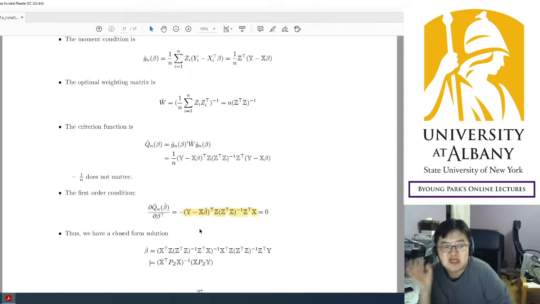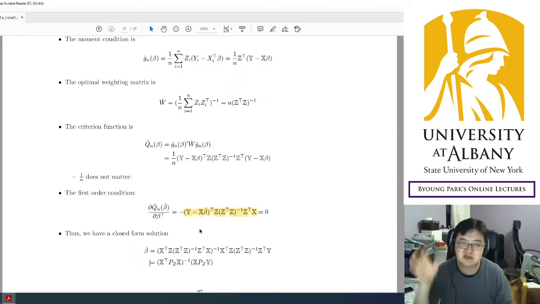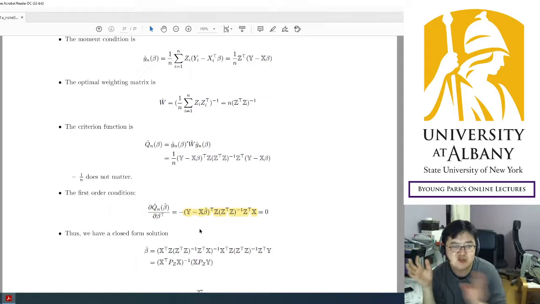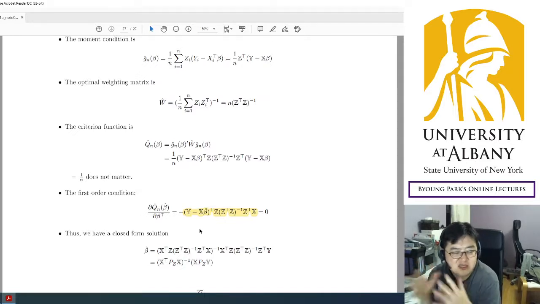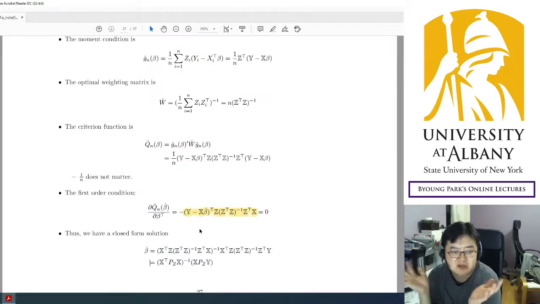The two-stage least squares method works only when you have linear regression in the first and second stages, and everything should be clean. But the GMM method can be applied to different applications. Even if the function is nonlinear, it's not a problem. Even if the moment conditions are nonlinear, not a problem.